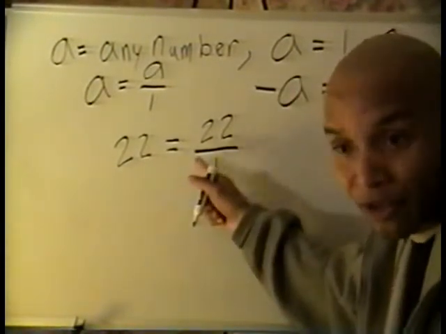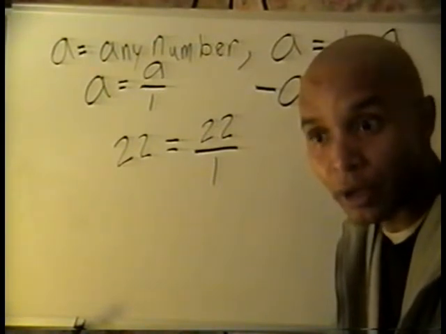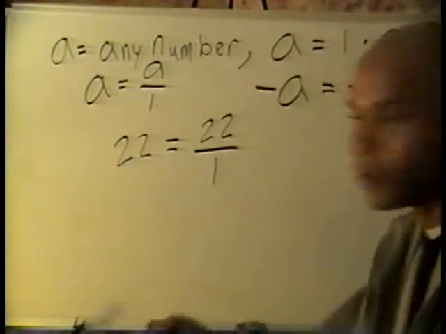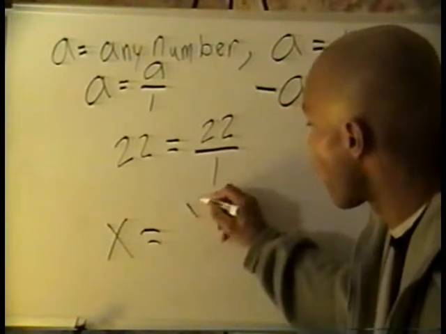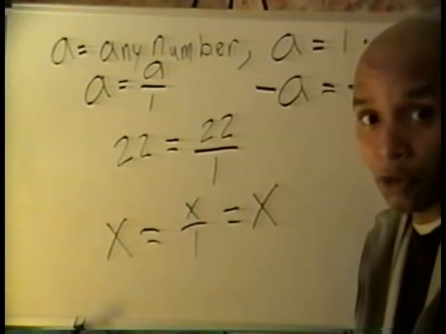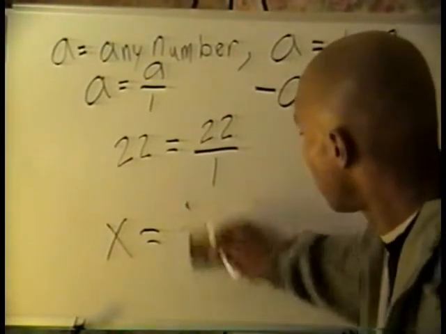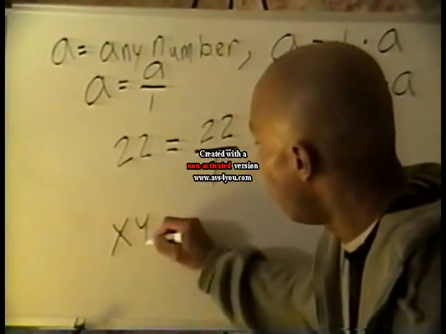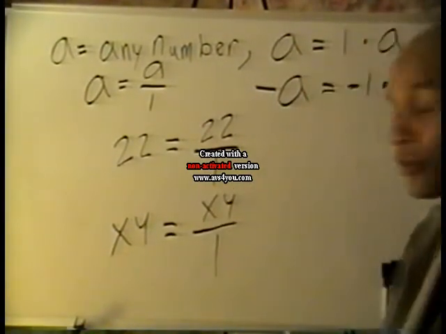But you need to know that you can take terms and put them in a rational form by dividing by 1. You're going to have to do that in your algebra study. It's the basic lesson, but you have to know that. If I have a variable, x equals x divided by 1, it does not change the variable. If I have xy, that equals xy divided by 1.